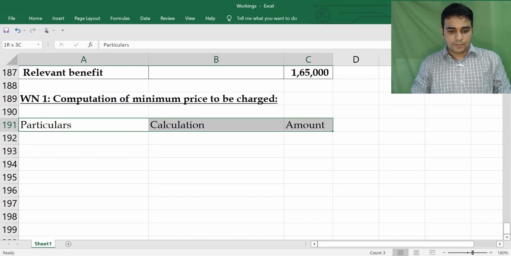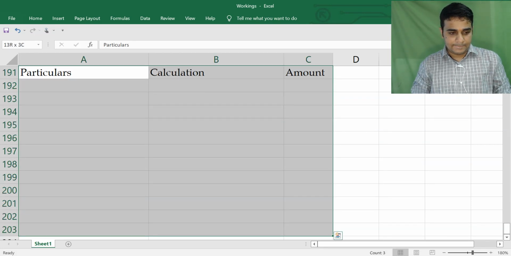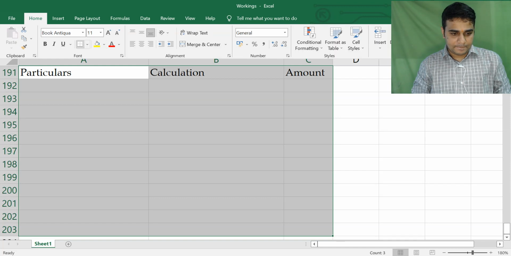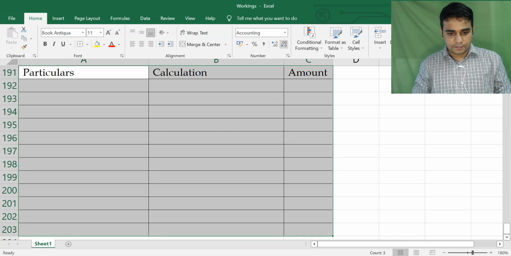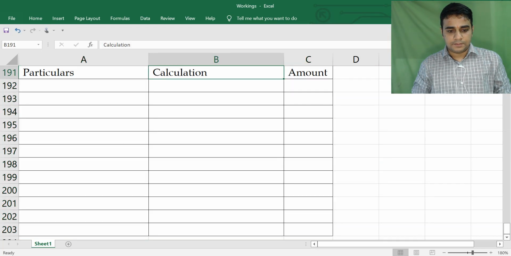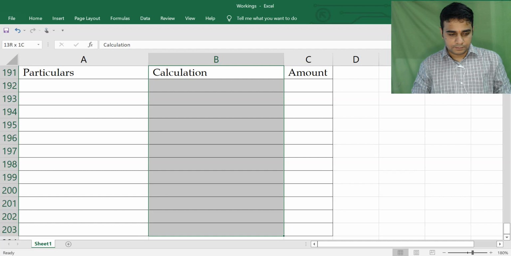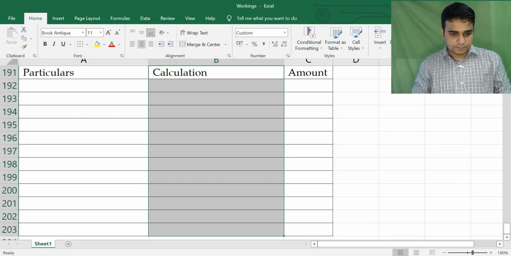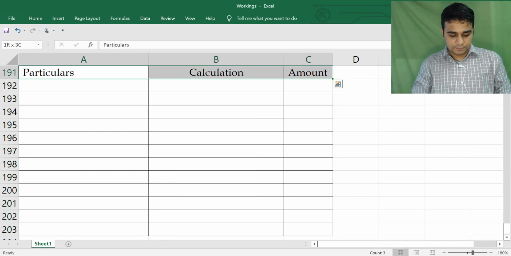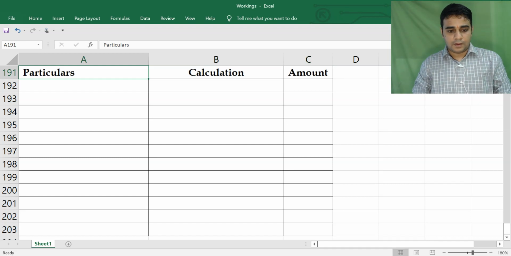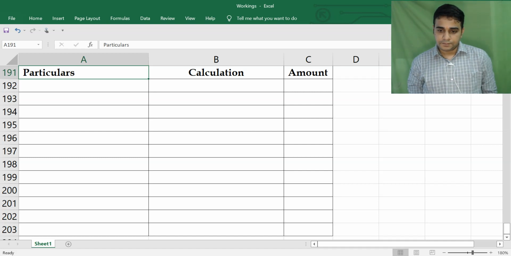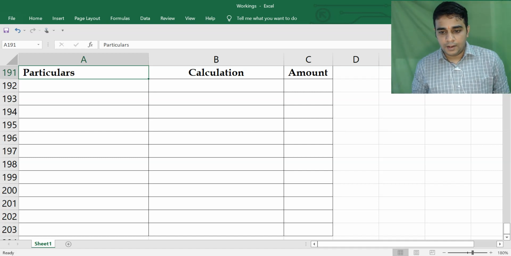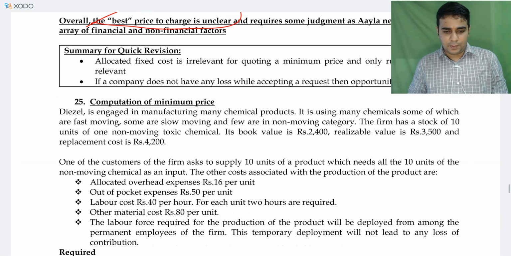Particulars, calculation, amount. Okay, there are multiple adjustments given in the question.